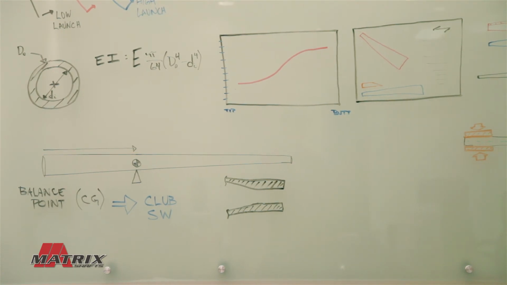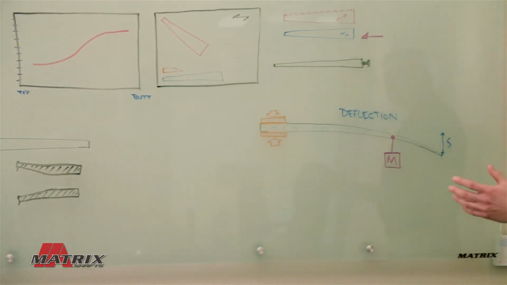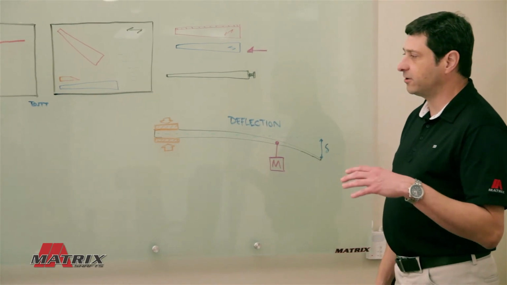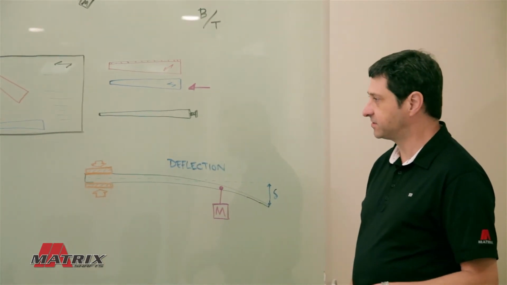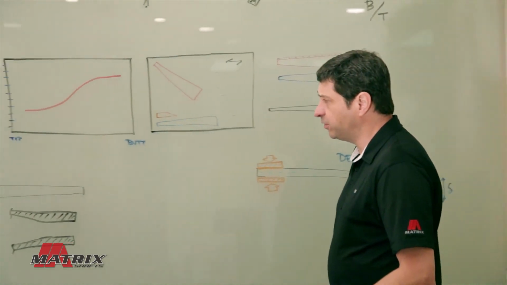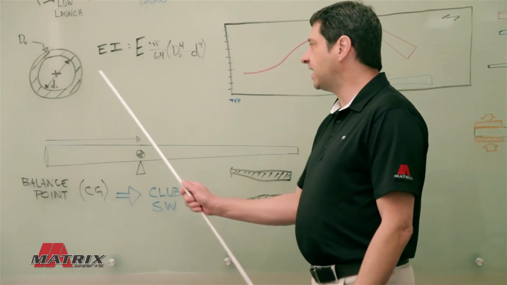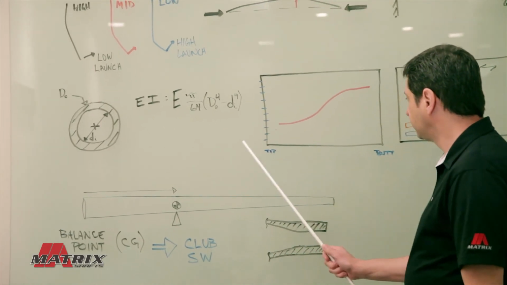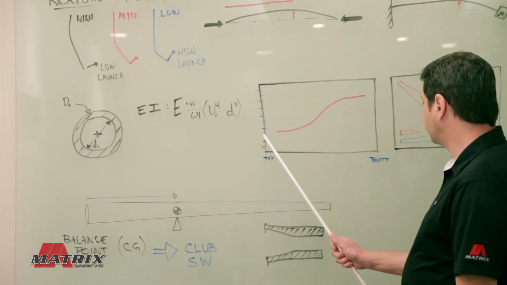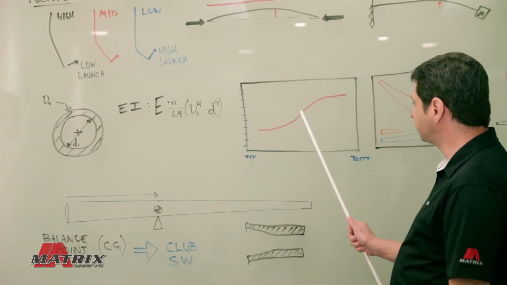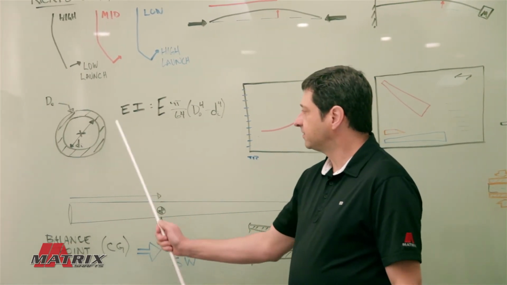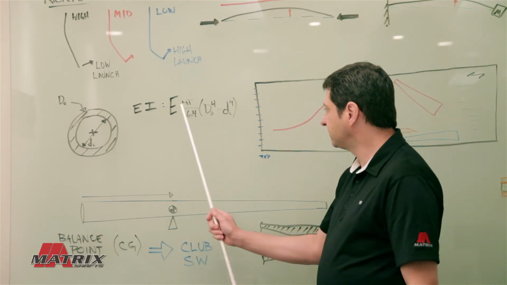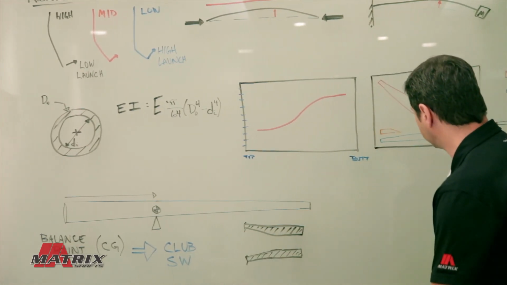The last question was, how does changing a ply or a flag in a shaft influence the stiffness? So if we go back to our EI calculation here, which when calculated all along the shaft gives us our stiffness profile, we've got our cross section of the shaft and then the material we use.